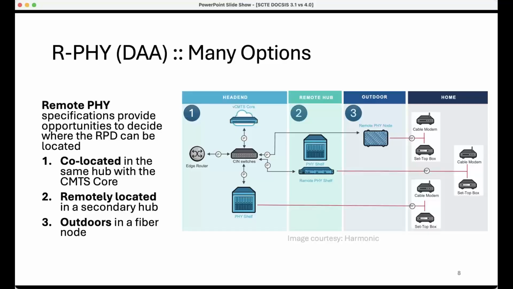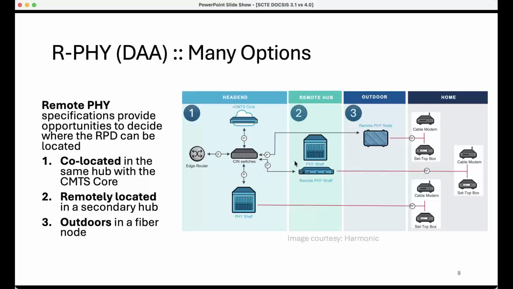So there's no signal degradation, because this is not analog fiber, this is digital fiber. All the signals getting past that RPD are digital, and we get that RPD as close to the subscribers, as close to the cable modems, as possible. Putting the remote PHY in the fiber node is the best place to do it because there is less coaxial cable to degrade the RF signal, meaning we don't have any RF combiners in the head end.